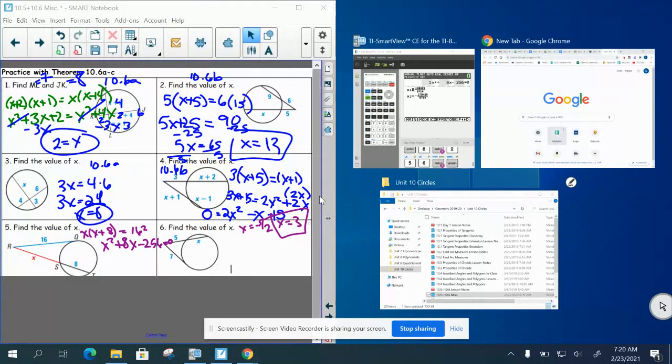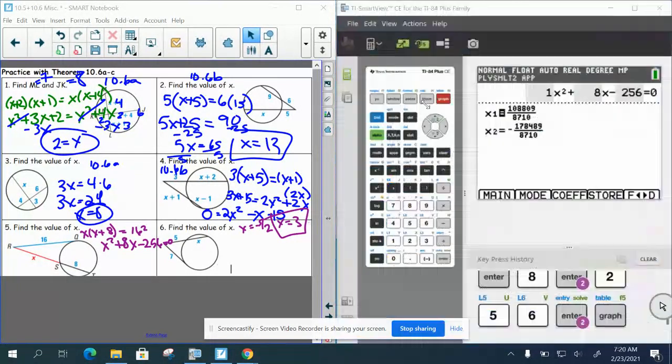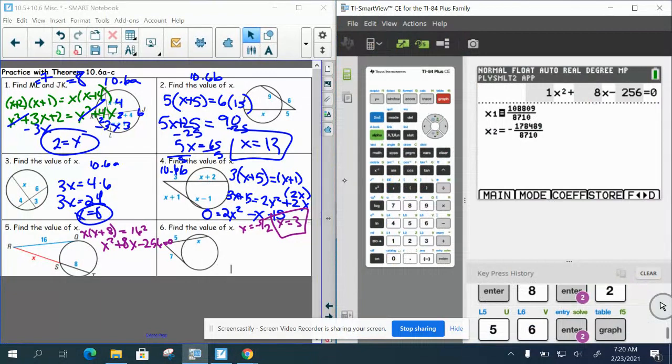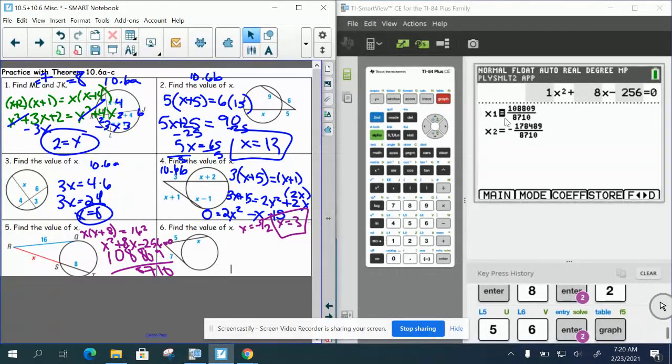But anyways, so what is this number here? This number is 108,809 divided by 8710. So obviously, I don't want to write that down as my answer. I want to figure out what the decimal version of that is.